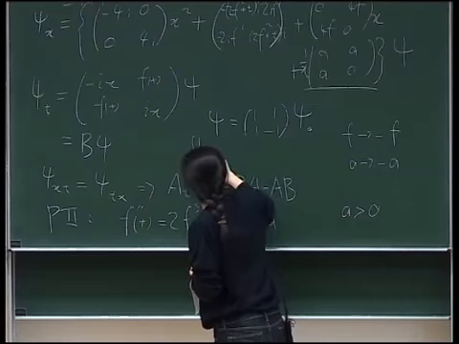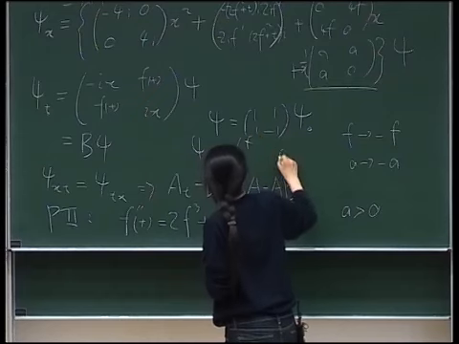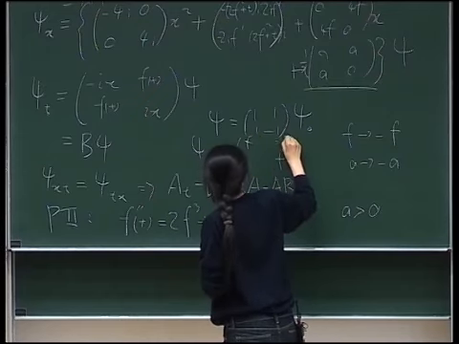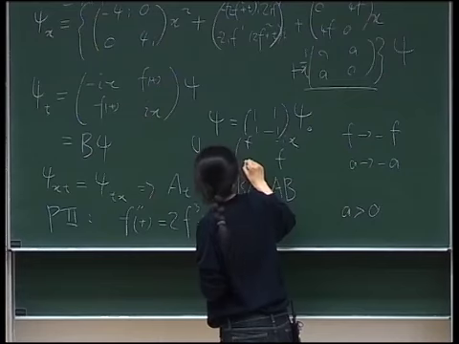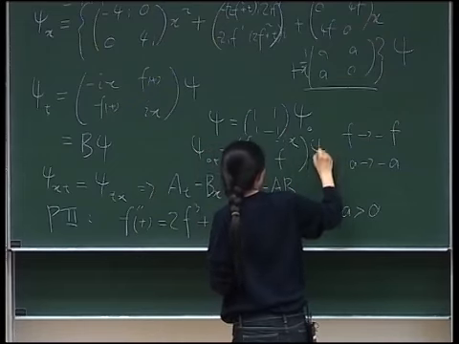so phi naught t would be f minus I phi naught.